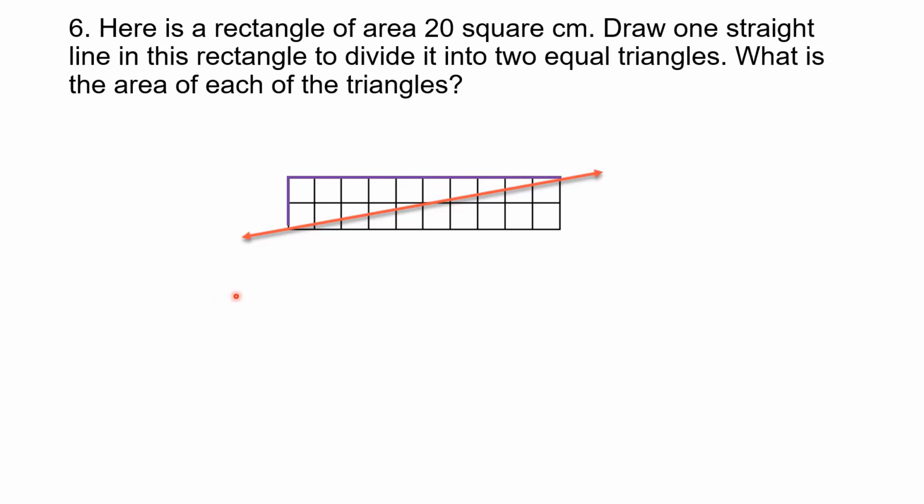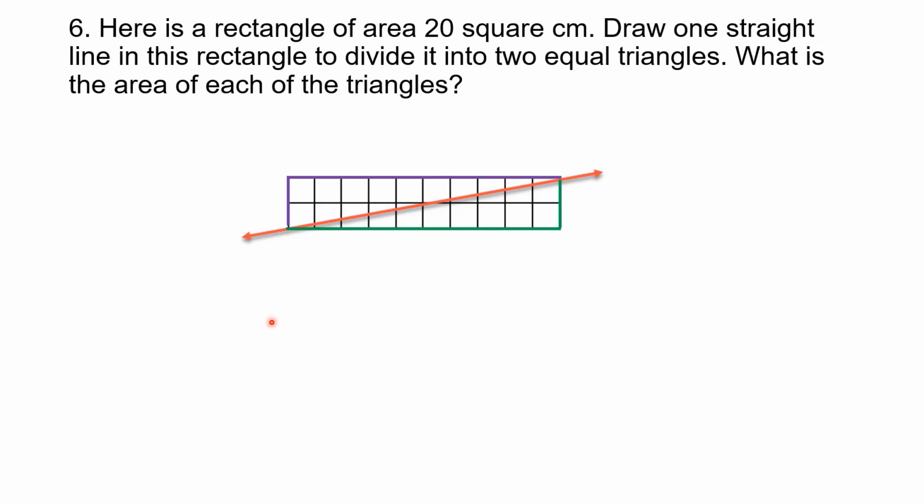Let us see the another triangle. This is the second triangle. This line is common for both the triangles.